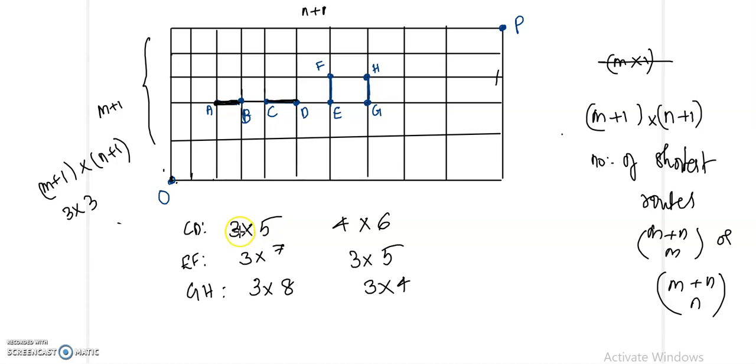So this is in the form m plus 1 by n plus 1. So you will get 6C2 into 8C3. So that is the number of shortest routes which passes through CD.